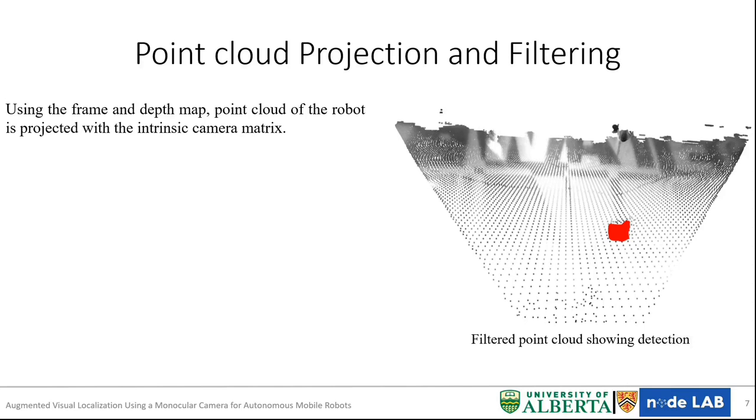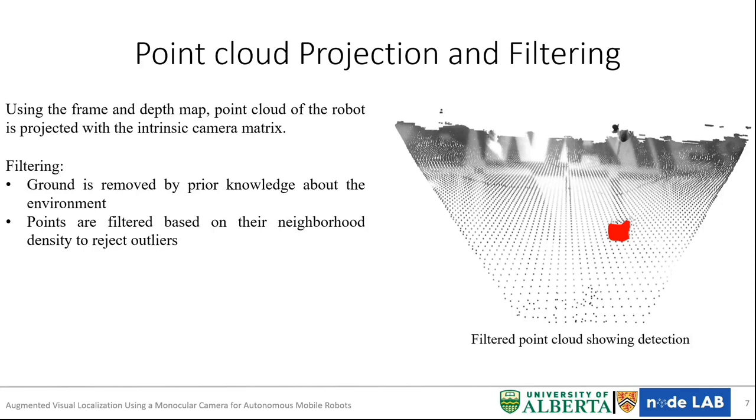I have to note that the point cloud of the whole environment shown in this picture is only drawn here for visualization purposes, and we're not actually projecting every point in our frames to the 3D world because it's just not computationally efficient. So we are only projecting the pixels that lie inside the bounding box of the object detection algorithm.